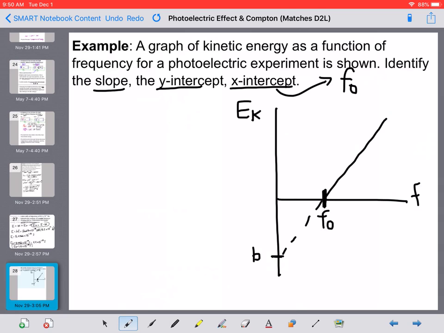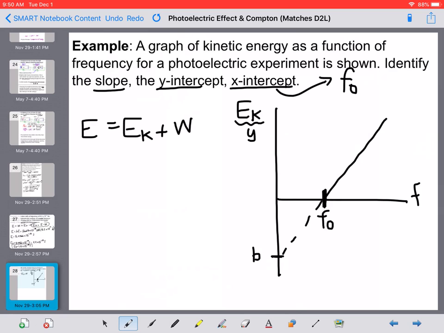To figure out the slope and the Y-intercept, we have to match a formula to y equals sx plus b. So what we'll do is we'll write down the formula. Same formula as before, I just wrote it in a different order. So E equals EK plus W. And in order to match a formula to y equals sx plus b, you need to isolate for y. Here, EK is what's on the y-axis.